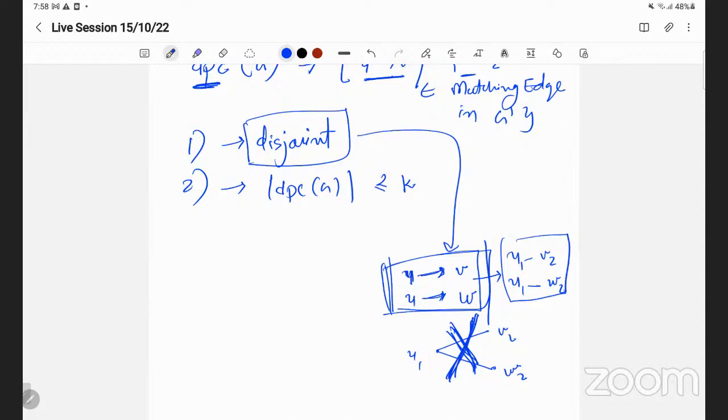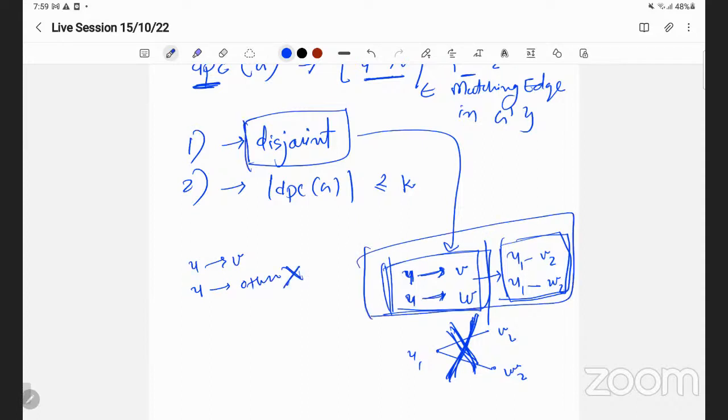Since the maximum matching has disjoint vertices, this will carry over to the disjoint path cover: all the edges that we are adding, the vertices will not repeat and all the vertices will be unique. So if there is an edge from U to V, there won't be any edge from U to another vertex. This won't occur due to this particular property.